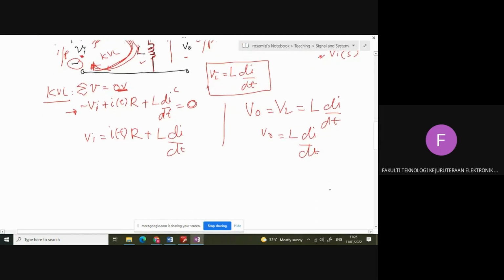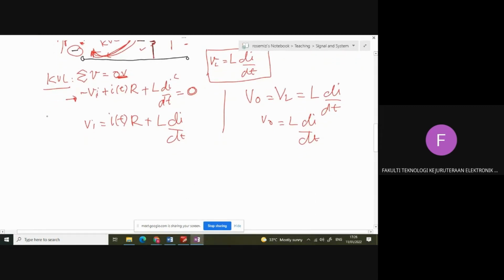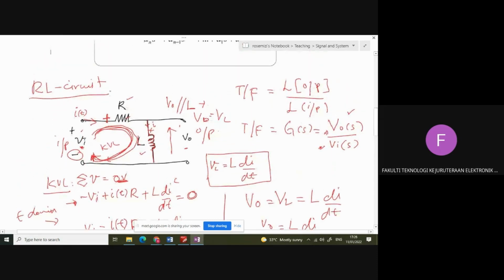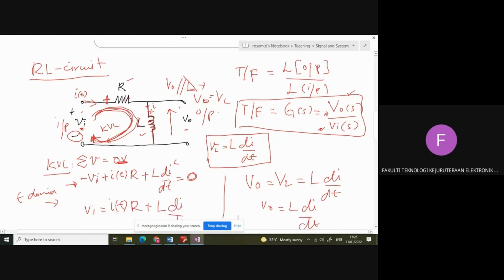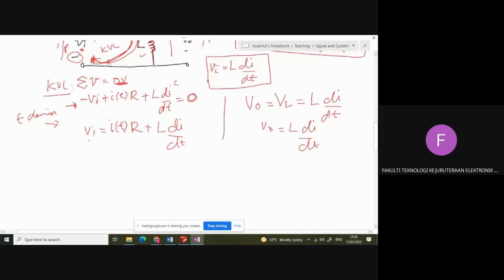Now we Laplace it, because this one is in the t domain, and we know that the transfer function is in the S domain. So we have to convert to the S domain by using the Laplace transform. Laplace of Vin is equal to Laplace of i(t)R plus Laplace of L di over dt.